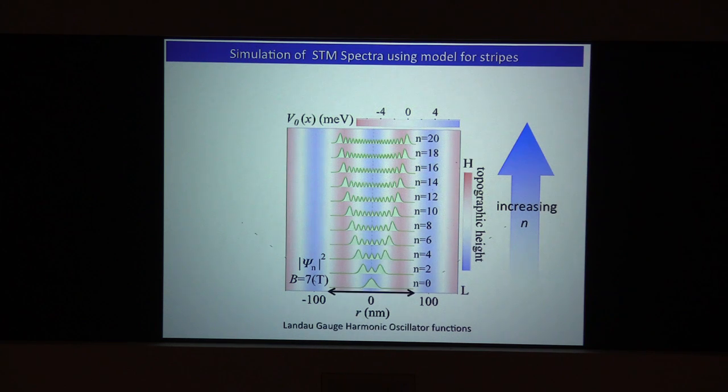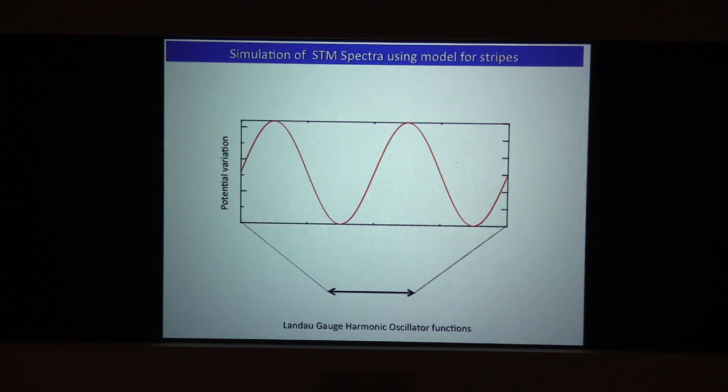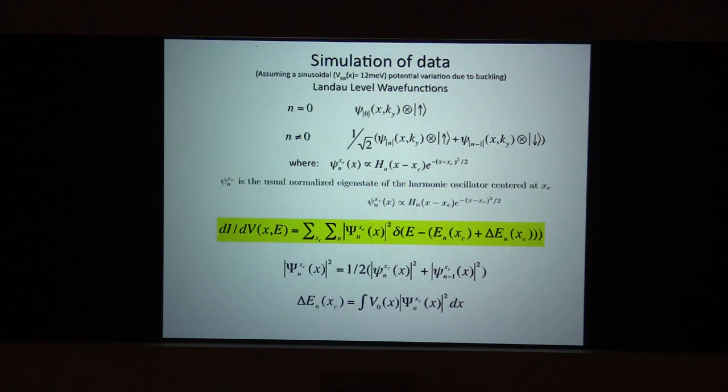The higher Landau levels are not affected by potential variations. So you can actually use perturbation theory to simulate this very easily. Just say that you know the wave functions, you simulate this stripe as a sine wave, and you can actually figure out what the dI/dV should look like.